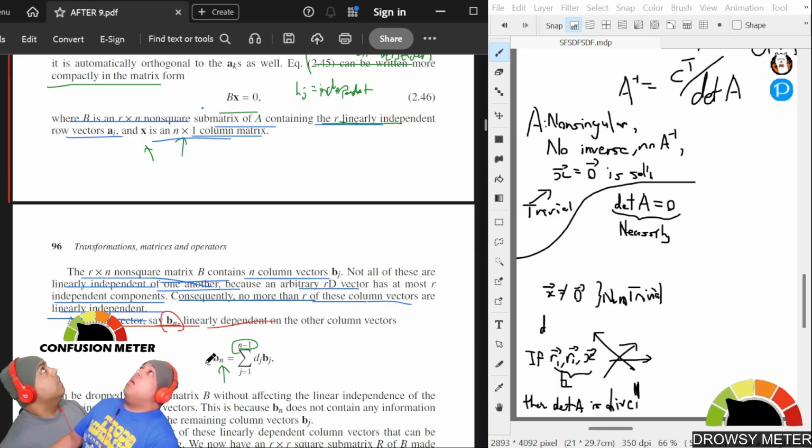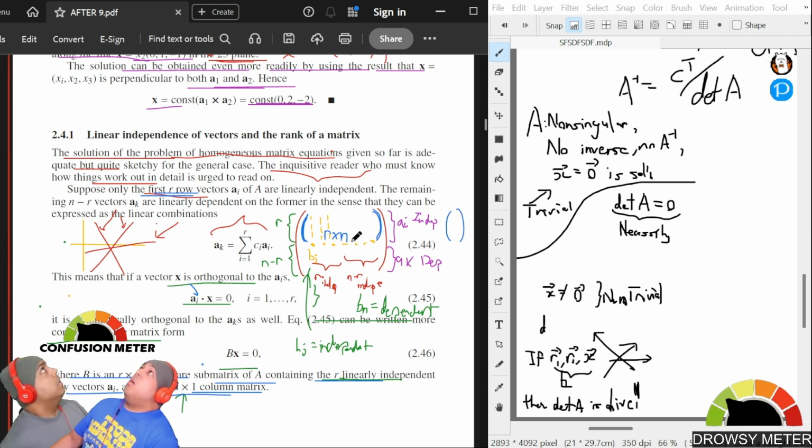But what if this particular Bn is the second Bn here?